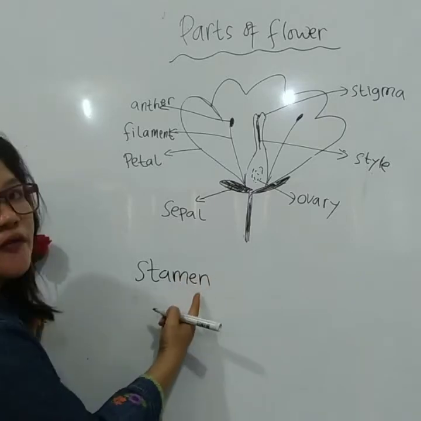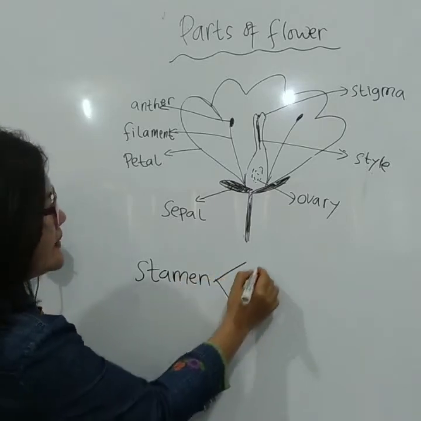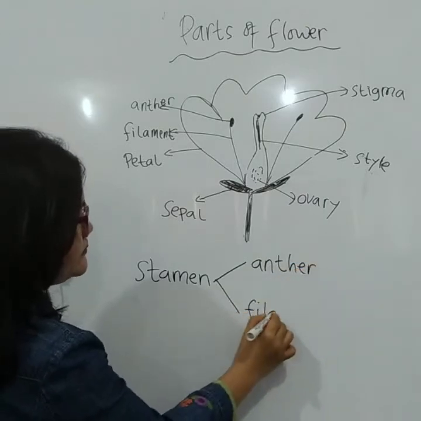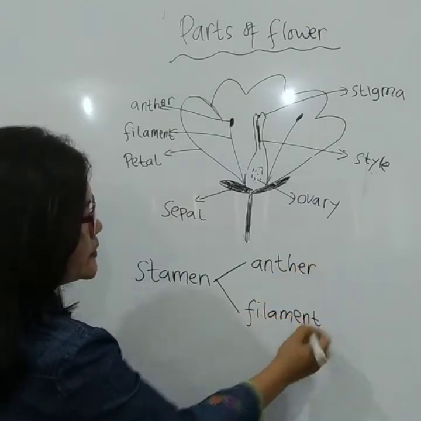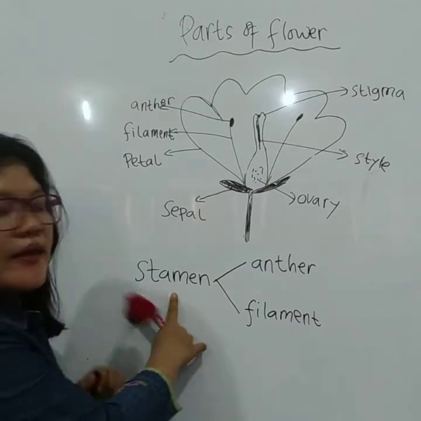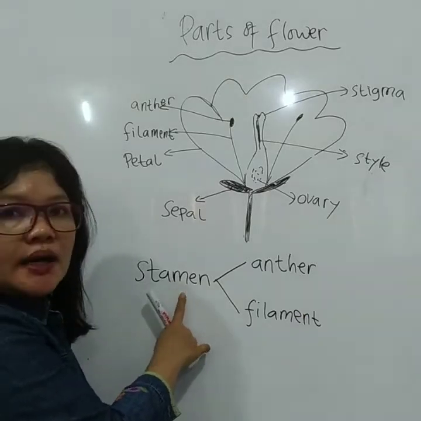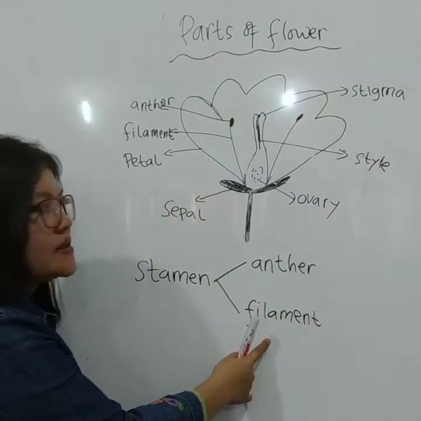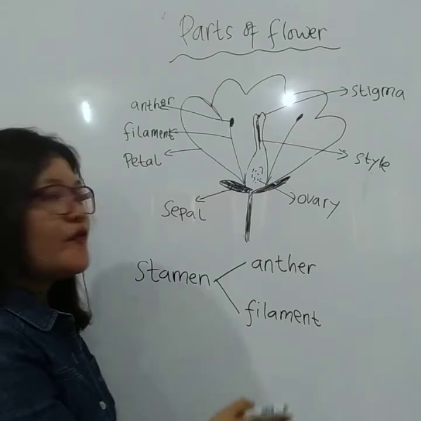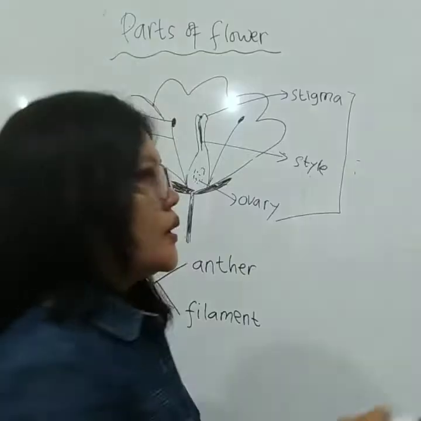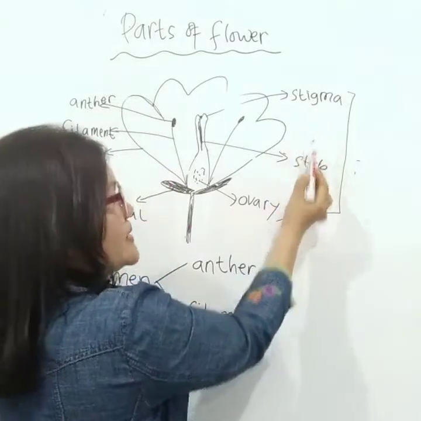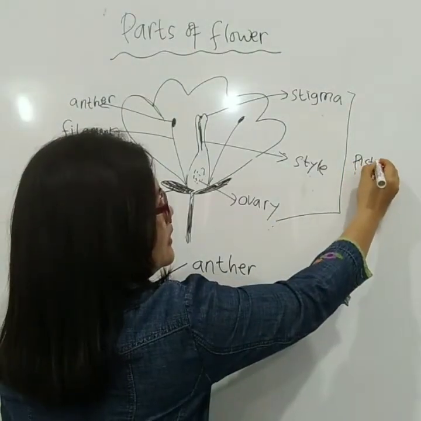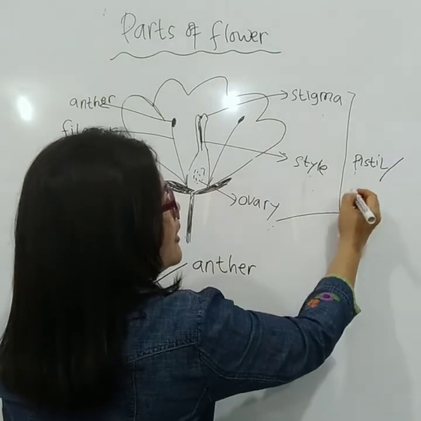Stamen consists of two parts, anther and filament. So the stamen is the male part of the flower, consisting of anther and filament. And next, which one is the female part of the flower? We call the stigma, the style and the ovary a pistil, or carpel.